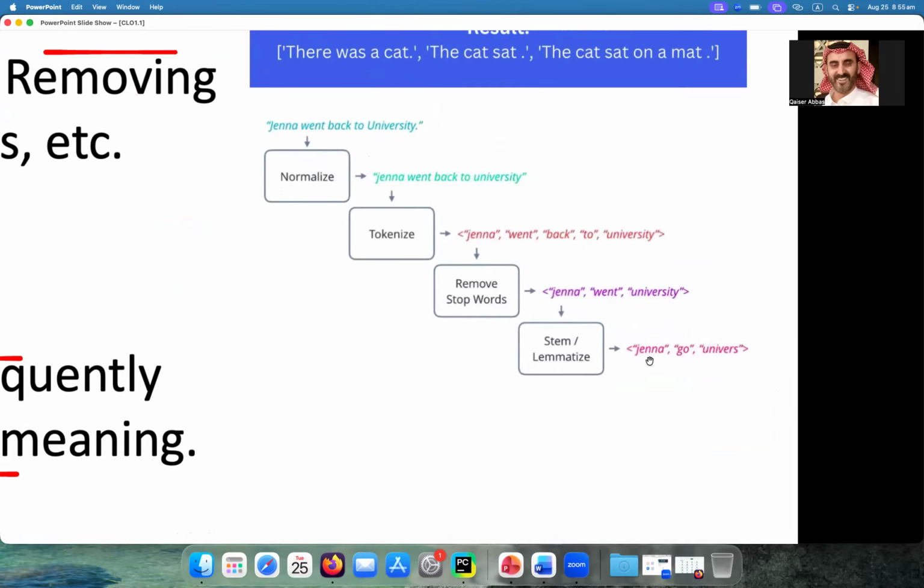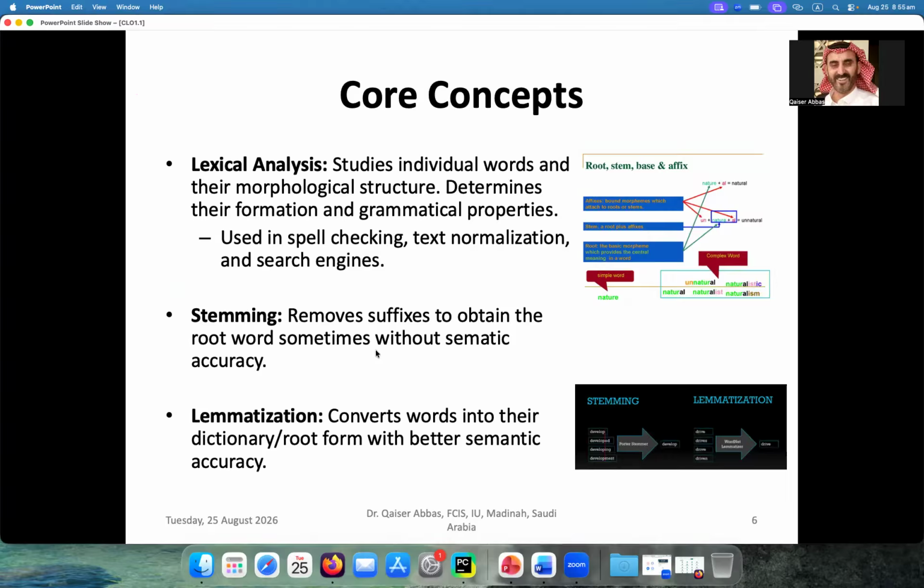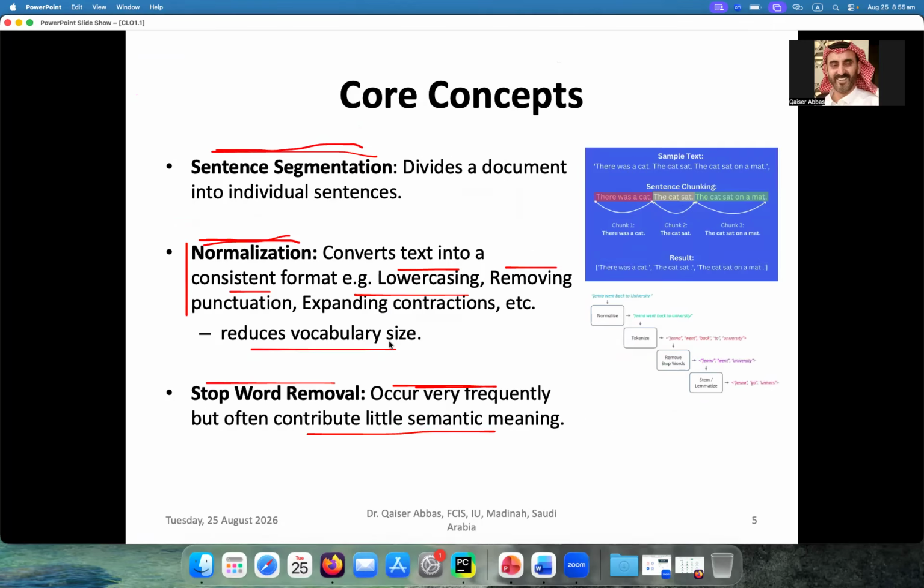Gina is a proper noun, so there is no stemming or lemmatization with it. Normally, it is with the verbs, or the nouns if nouns have different forms. For example, went, the initial root form is go, so that's why it is transformed into this form. University is converted to universe. Anyhow, coming back.